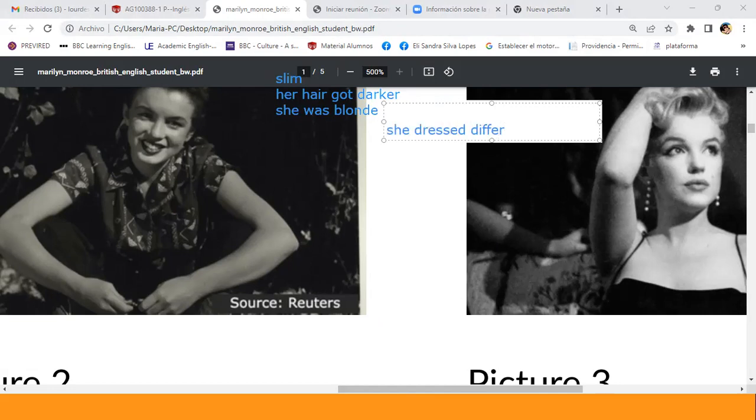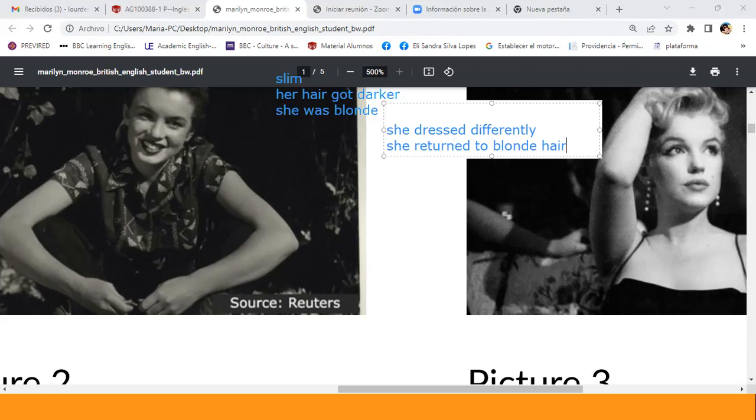Okay. Any other difference between both pictures? She's back to blonde hair. She returned to blonde hair. She was blonde again.